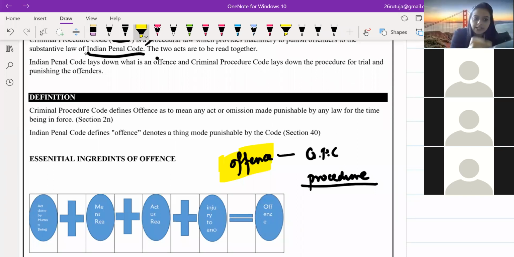So firstly we will see what is the definition of the term offense under CRPC. Definition कहता है offense मतलब any act, like चोरी की, कोई घर पे आपके आया, there was a house breaking and he robbed something. Such an act, or omission made. What is an omission made? मतलब कुछ करना चाहिए था लेकिन नहीं किया, तो वो भी एक ऑफेंस होता है, right?